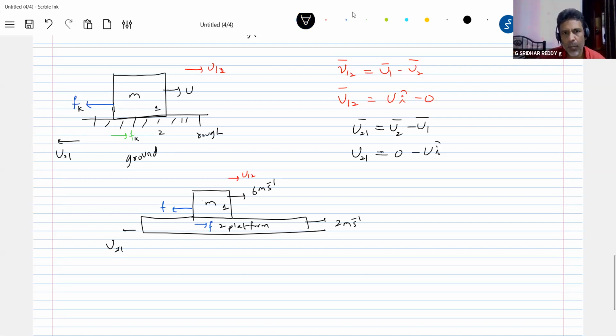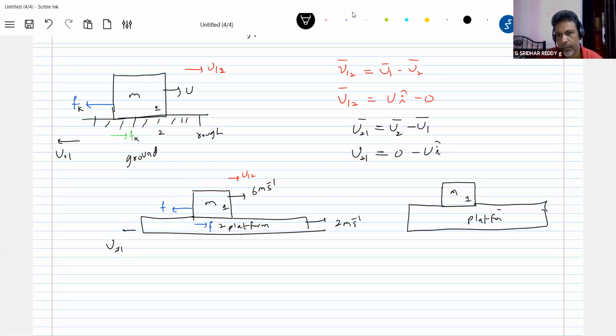Similarly, if the block is having velocity less than platform, let me take this velocity 3 meters per second and let this be 5 meters per second.